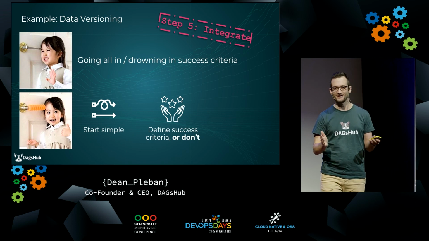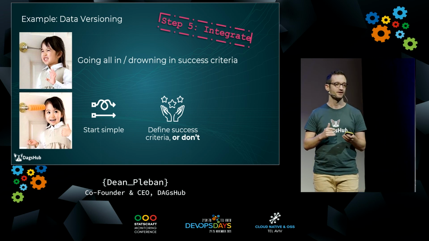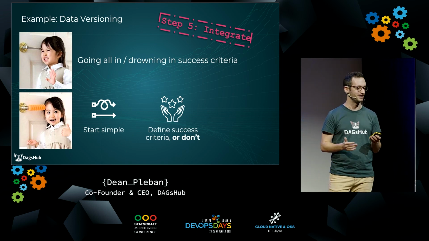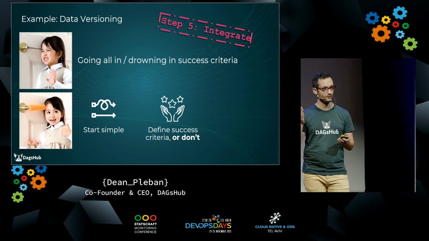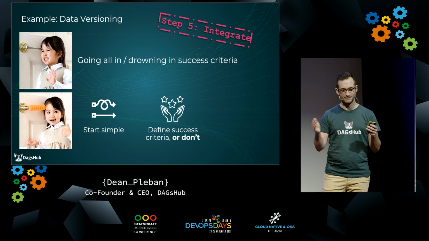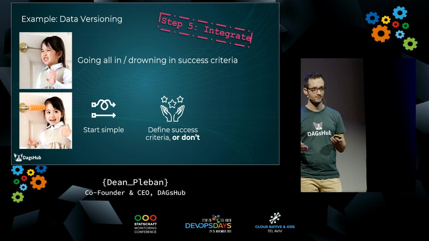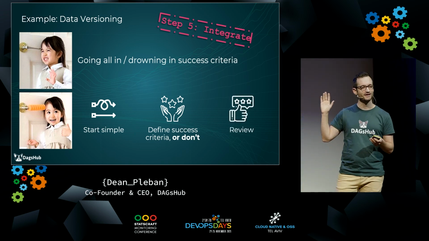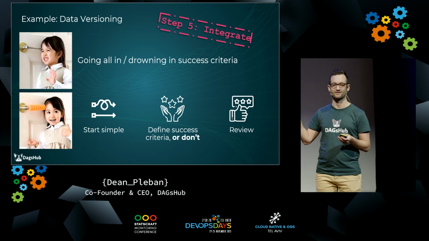In practice, we are living in the real world, and many times the situation is that you know it when you see it, but it's hard to define it in advance. And so in that case, a good recommendation is to time constrain the whole thing. So say we're going to use this for a quarter, and then get back, regroup, and make a decision on how to move forward.